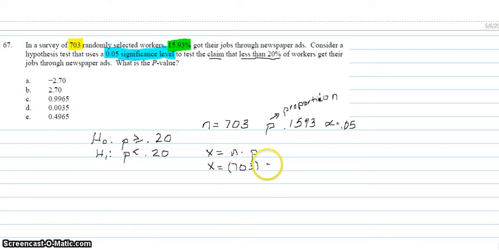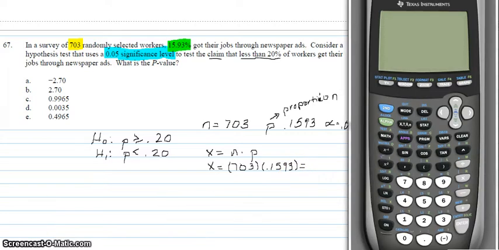That looks better. 703 times 0.1593, because that's our p. And let's bring up the calculator and see what that equals. 703 times 0.1593 equals 111.9879.